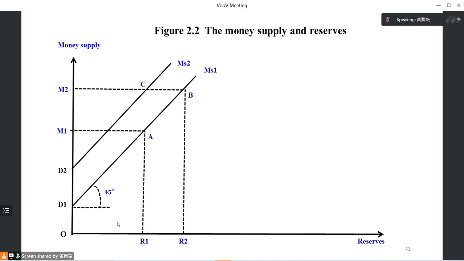In this figure, we can see MS crosses the vertical axis, money supply, at D1, and this line has an angle of 45 degrees.